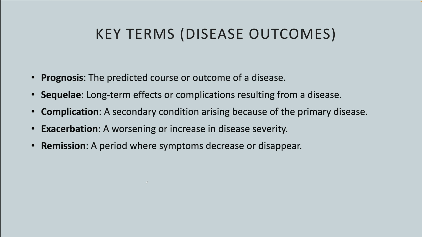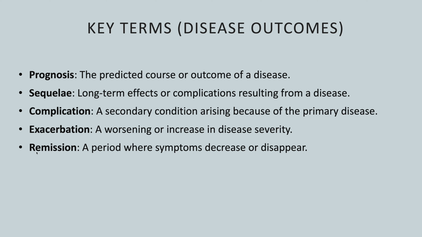For example, someone with COPD during the winter may get a viral infection, a cold, and they may have a very important, significant worsening of their baseline signs and symptoms, of the severity of the disease. Remission is the contrary, it's when symptoms improve.